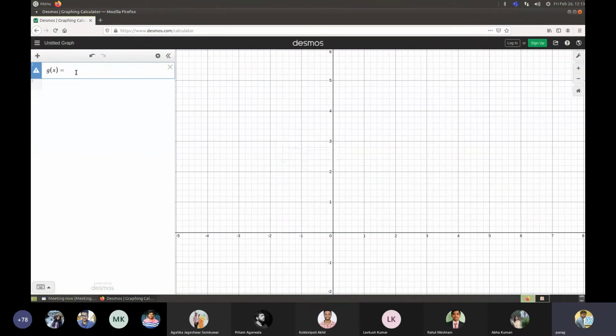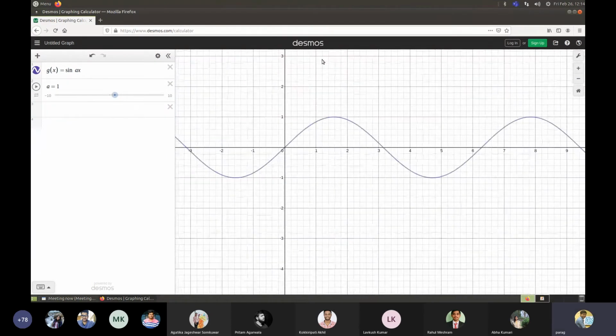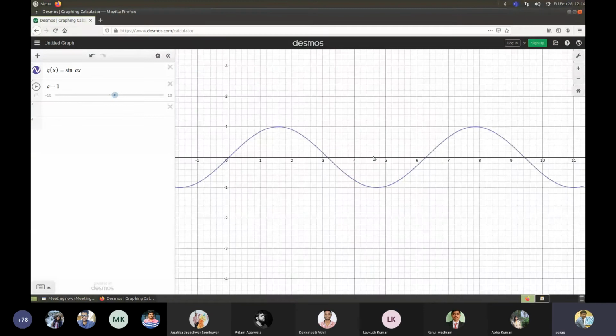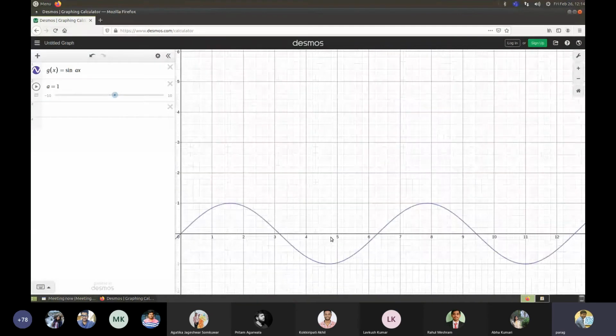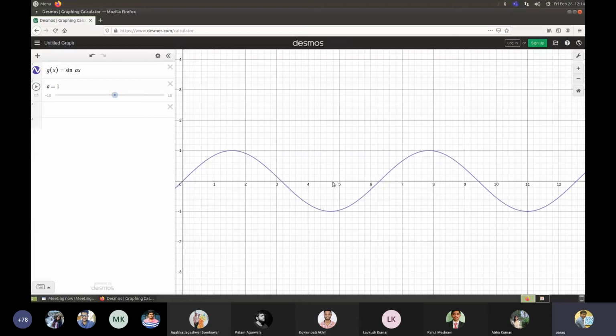So let's not worry about a, just let us set a as 1. So sine ax, fine. So this is how, again, as I said, the input itself is not time invariant, so therefore the system in itself will never become time invariant. But let's see if we can see something else.